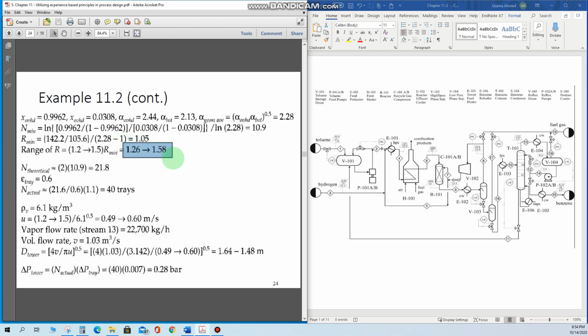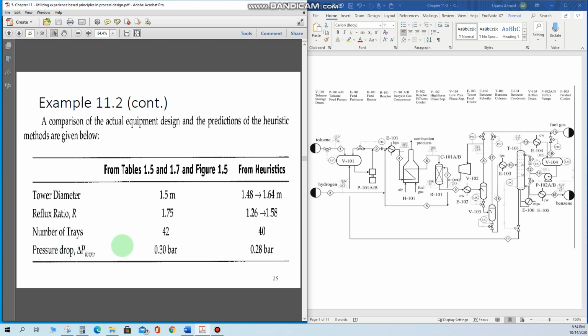And then the third thing, number of trays 42. You can see this one here in the figure, the number of trays that are mentioned here is 42, and we have calculated 40 number of trays.